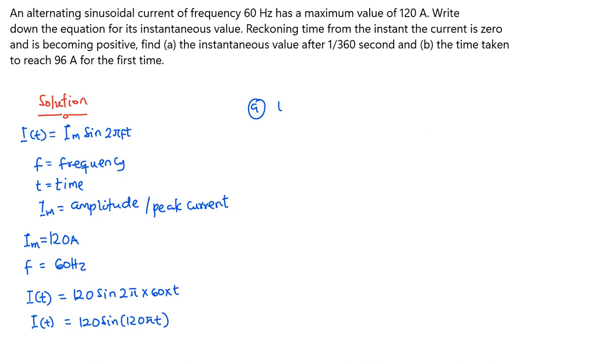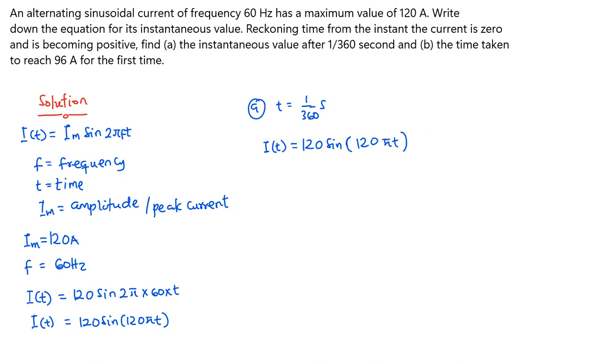For this one, we've been given the time to be 1 over 360 seconds. So we just go back to the equation for the instantaneous value, which is given as I of t, and that's equal to 120 sine of 120 pi t.